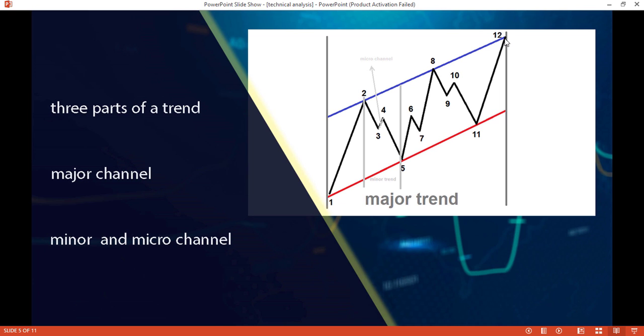prices, the price chart starts to break this support line. They get a good signal to leave the market.